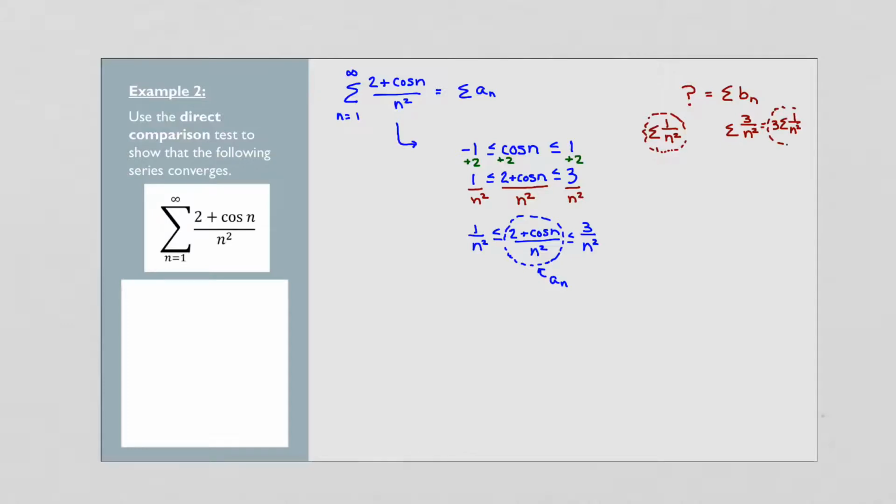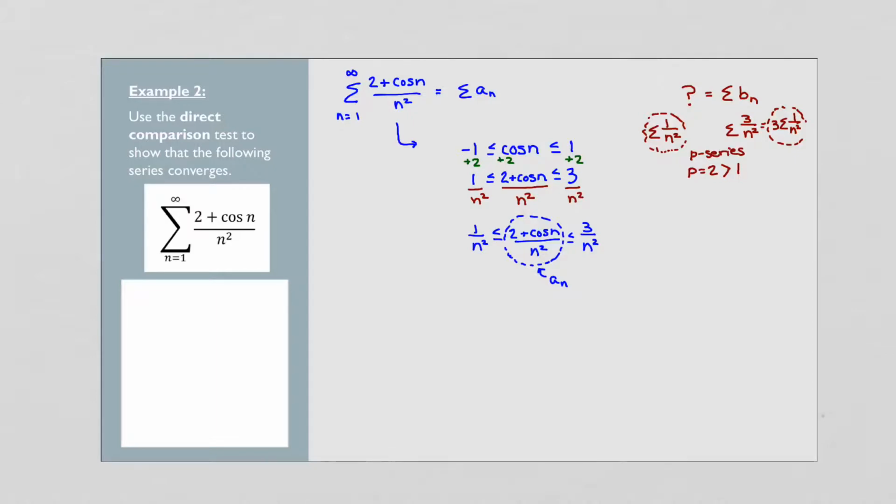What type of series is the series 1 over n squared? Something familiar to us. It's a p-series, isn't it? And in this particular p-series, what is our p-value? Our p-value is 2. And when we have p-series where the p-value is greater than 1, what does that tell me?